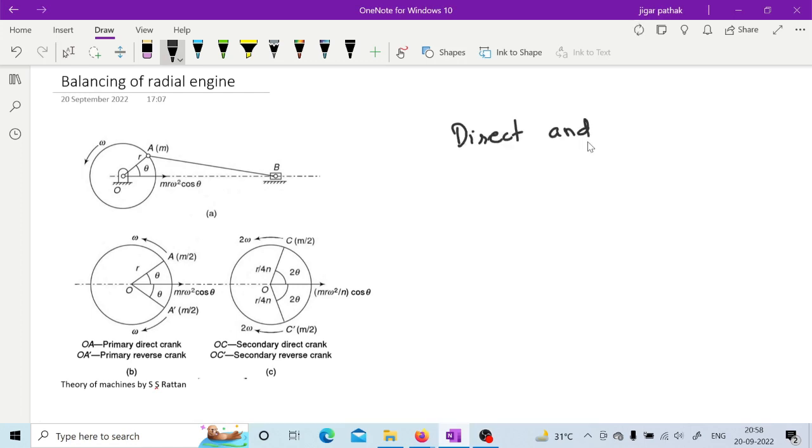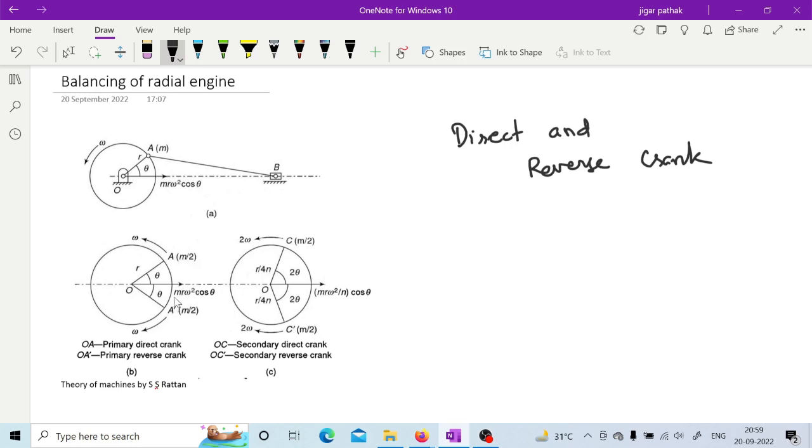They have considered the direct and reverse crank in this radial engine. Suppose OA is the direct crank and OA dash is the reverse crank. OA is moving in the anti-clockwise direction, OA dash is moving in the clockwise direction.